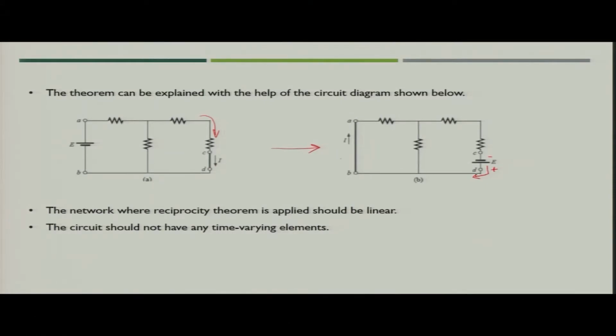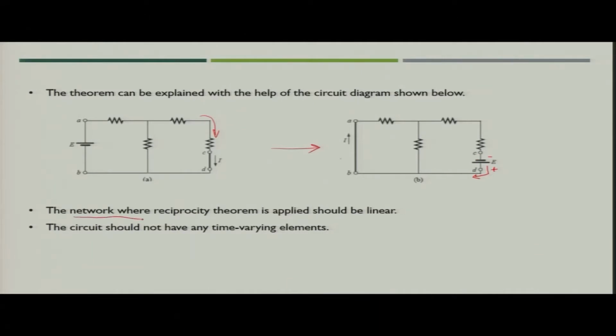Next, when you place the current in the branch where the voltage source was connected, you simply short circuit the nodes A and B, because the voltage source is not available now. The same current will flow in the branch, keeping other parameters the same. So, you can exchange the locations of the voltage source and the current.